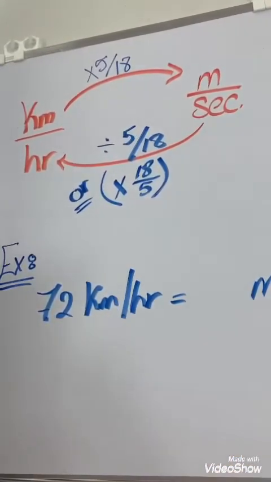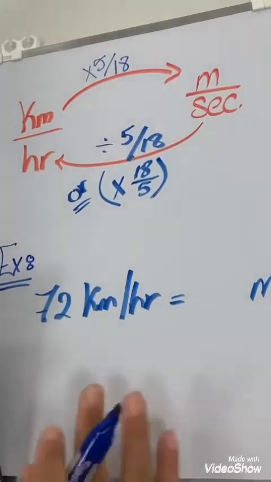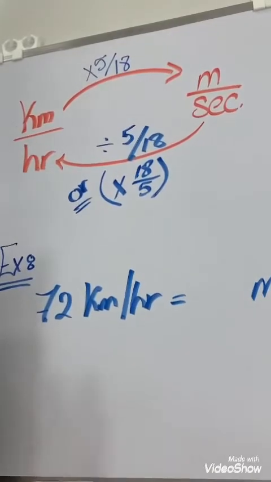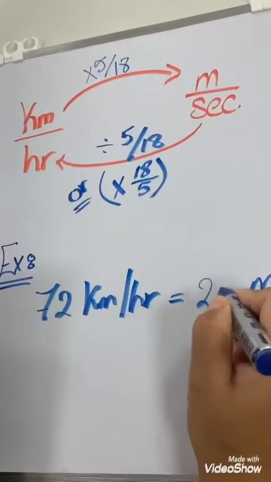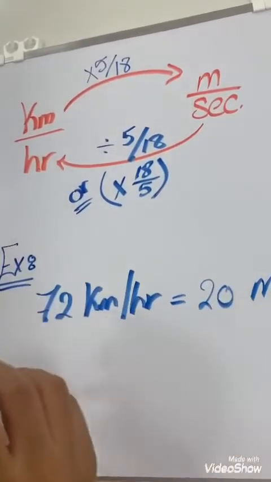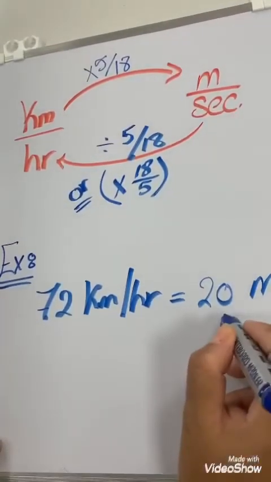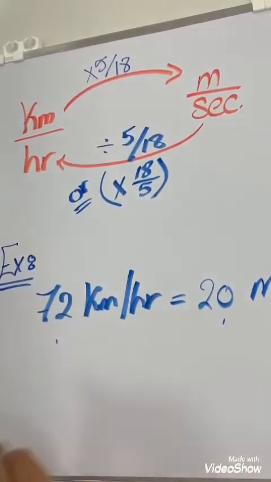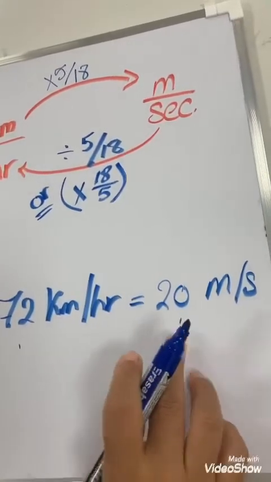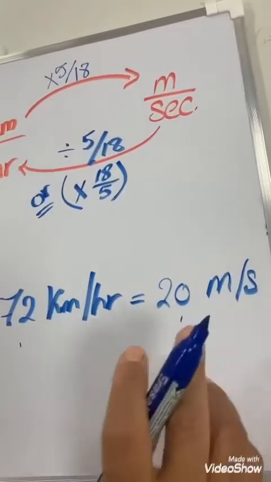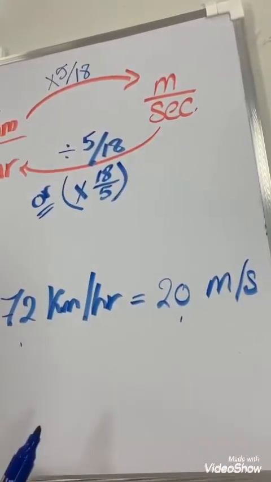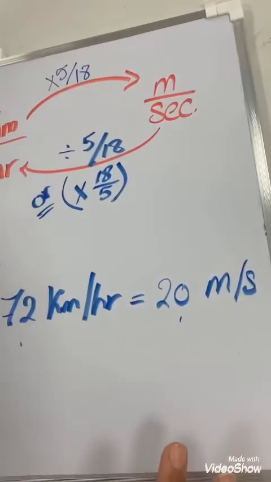You can multiply 72 times 5 over 18, it will give you 20 meter per second, okay? And vice versa, when I want to change from 20 meter per second to 72 kilometer per hour, I will divide by 5 over 18. I'll multiply 18 over 5. I will get 72 kilometer per hour. And now we finished this part.